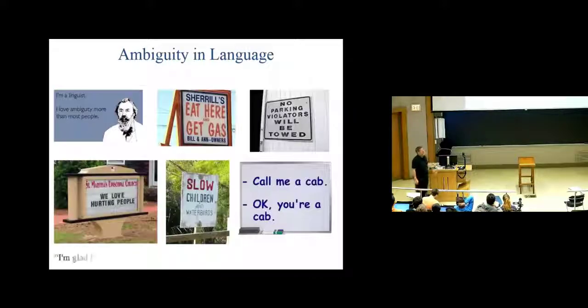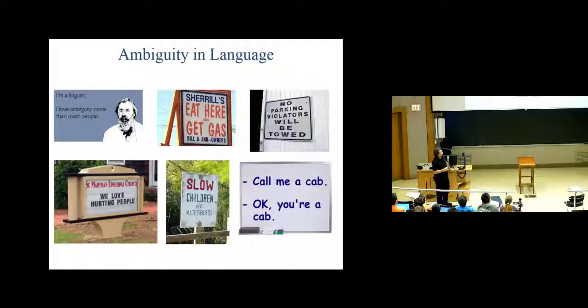So we're about to talk about ambiguity in grammars, but first let's talk about ambiguity in language. These are actually signs that you see in real life. Eat here and get gas, right? I mean, that is an ambiguous situation, right? From the context, they probably didn't mean the medical emergency kind of situation. But no parking violators will be towed.